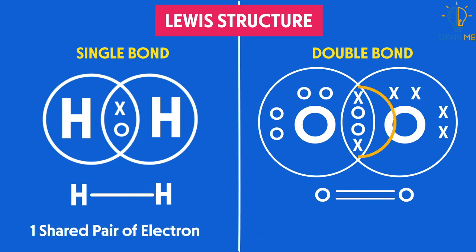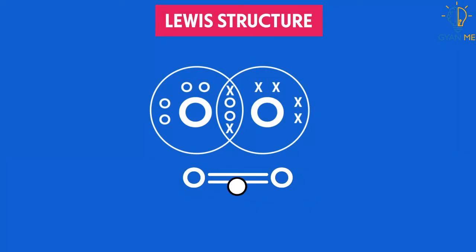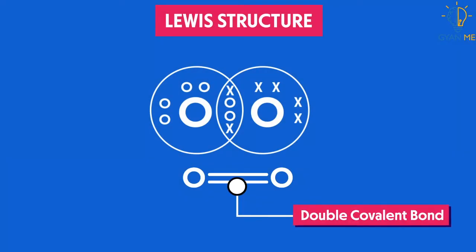And since here there are 2 pairs, that is 4 electrons, being shared, they will form 2 covalent bonds between these 2 atoms. And this is what we call a double covalent bond. It is represented by 2 dashes between 2 oxygen atoms. That is O double bond O.